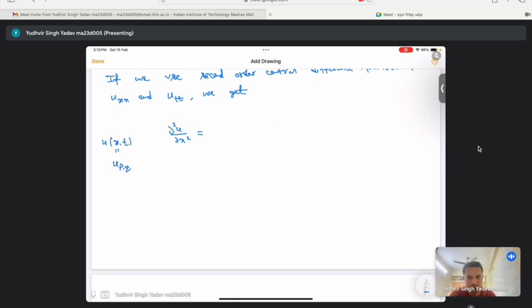The second order central difference formula is u(p+1, q) minus 2u(p, q) plus u(p-1, q) divided by delta x square, or as we have taken the step as h, it is h square.